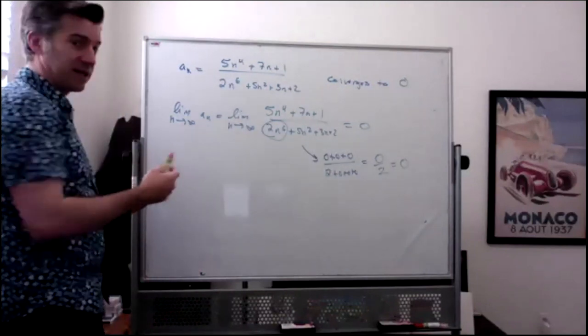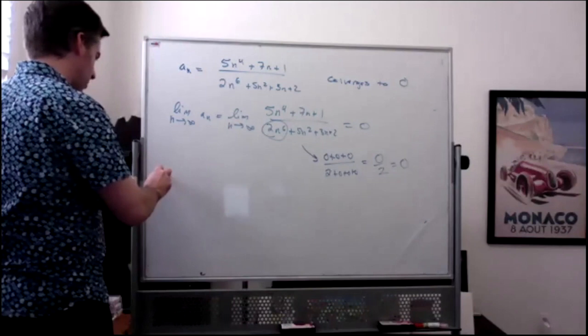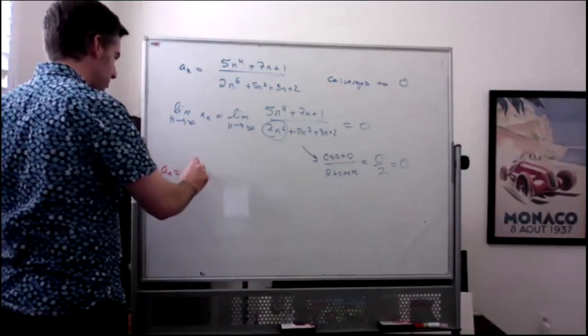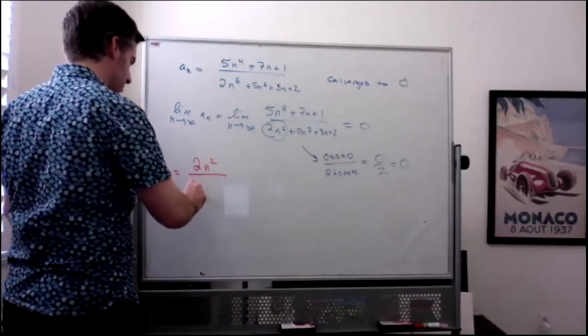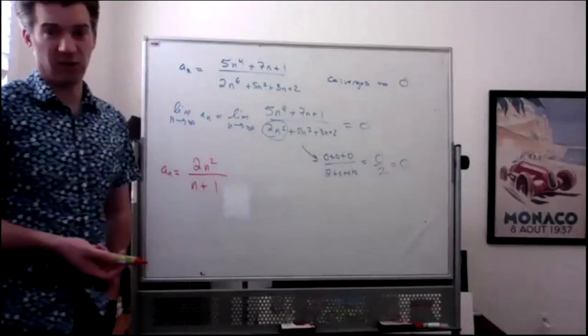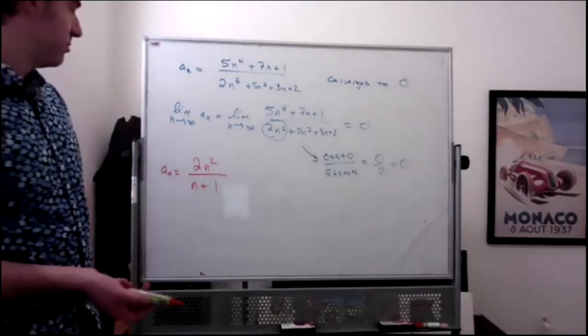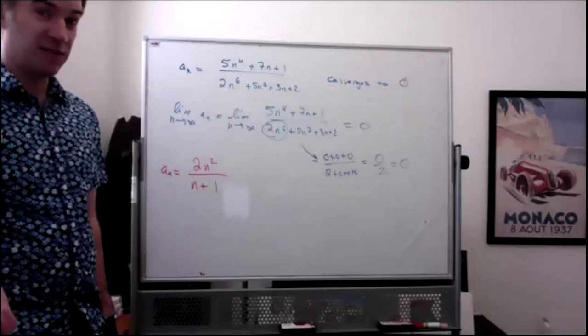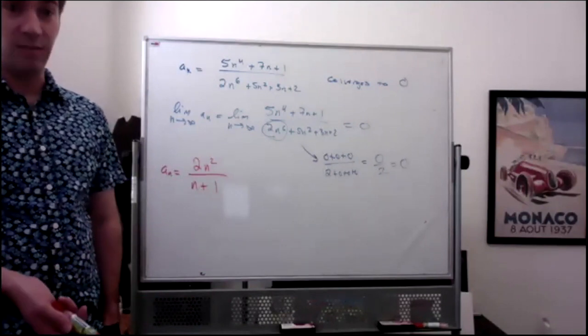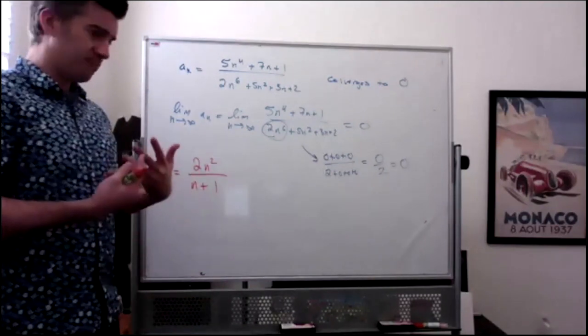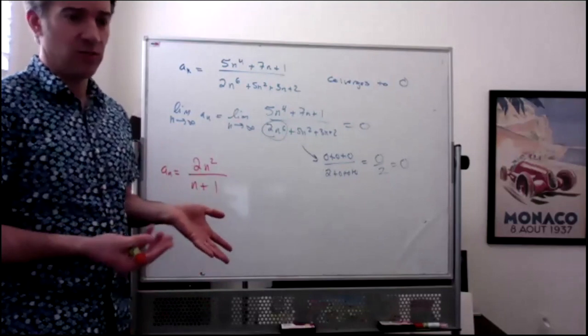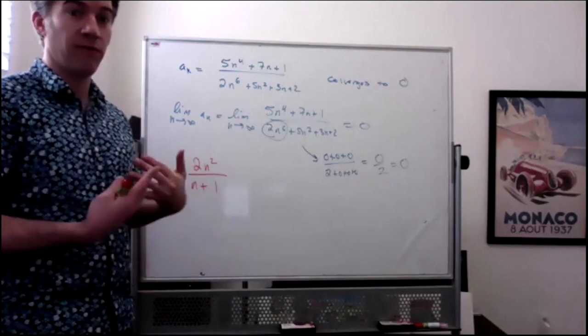So that begs the question, what about something where the degree on top is larger? Again, it's still an infinity over infinity type of limit. And I should emphasize, when we say infinity over infinity, we're talking about what's called an indeterminate form.